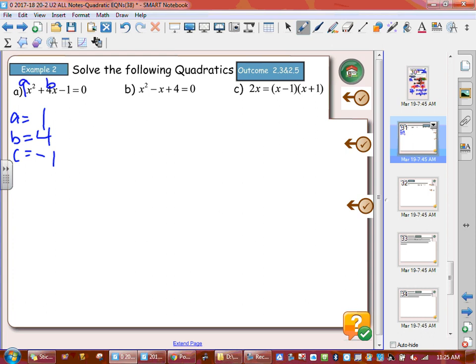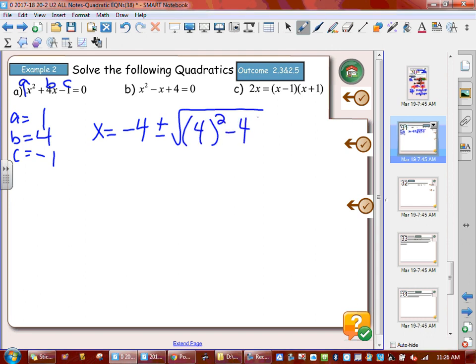Okay? So now we're going to put the numbers in that equation again. So I'm going to say x equals negative b, so it's opposite side of the b. B's positive, he's going in negative. Plus and minus 4 squared minus 4 times a times c, over 2 times a.